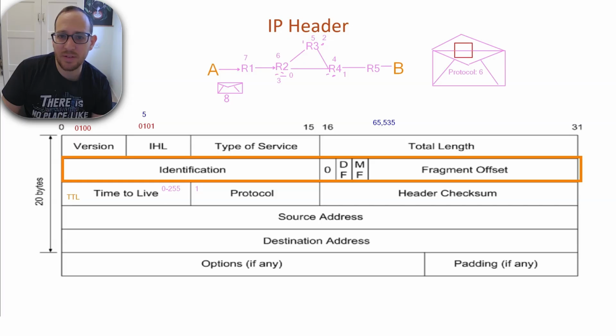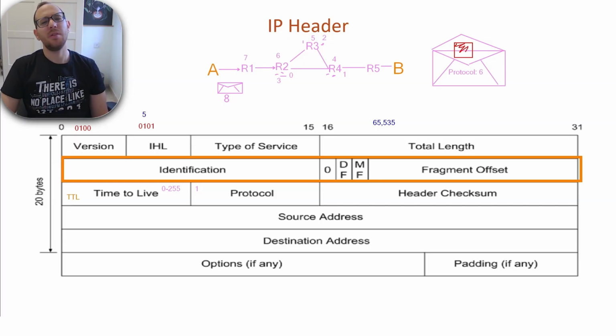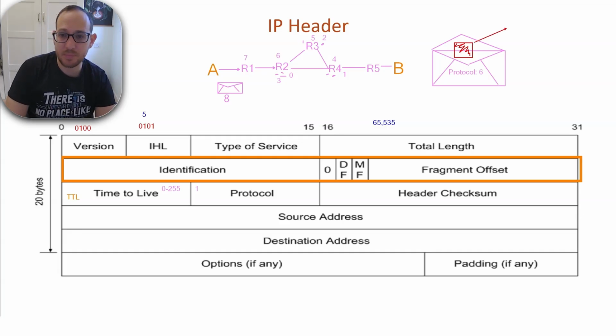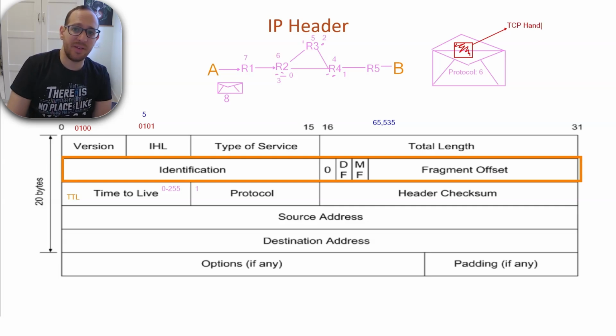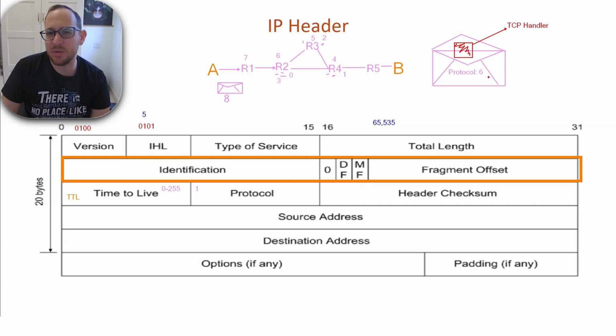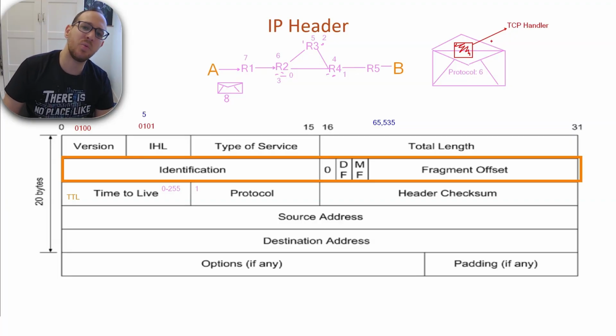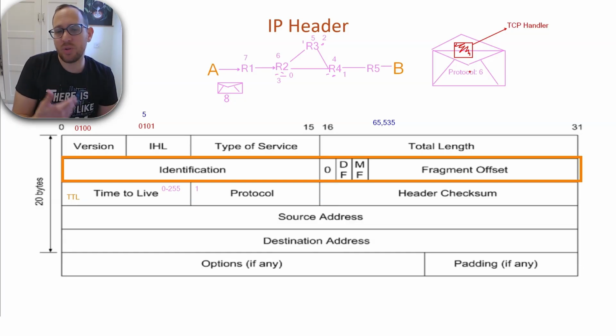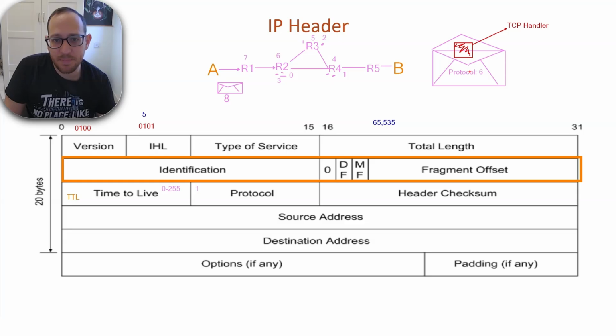So let's say this is the payload, the fourth layer, the TCP, and it knows this is TCP, so it can provide it to the TCP handler, the code that deals with TCP. If it were, say, 11 in hex, then it would forward it not to the TCP handler, but the UDP handler. So this is, in a way, telling you which layer, which implementation, which protocol is the upper layer, and then who is supposed to consume this packet.